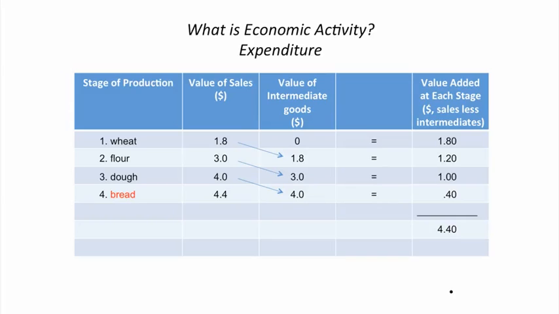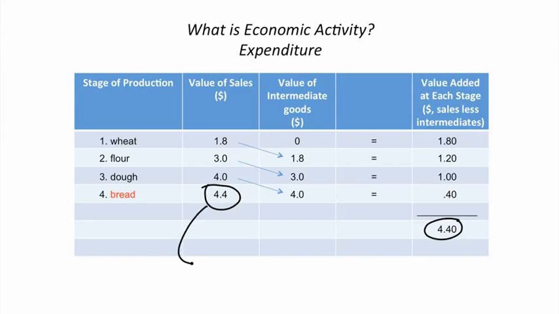Now, we've seen how by looking at value added at each stage of the production process, we obtain a measure of GDP that can be interpreted as valuing the flow of production that takes place over a particular period. Have a look at this number here though. This is the cost of the final loaf of bread.